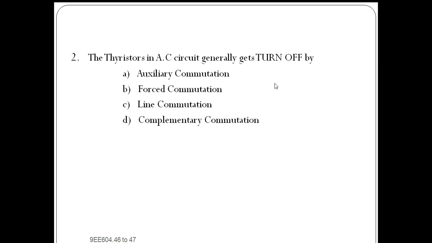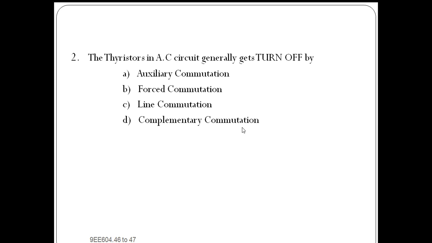The thyristors in AC circuits generally get turned off by auxiliary commutation, forced commutation, line commutation, complementary commutation. Actually, in control circuits, we are using two techniques. One is by using phase control, second by using on-off control.